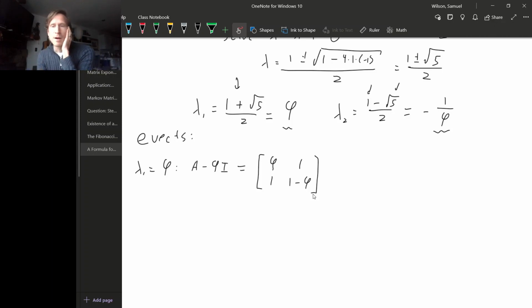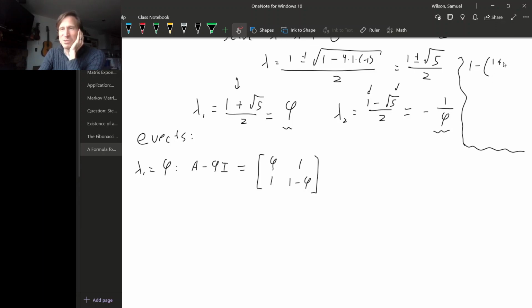Now, something that is funny about this number phi is that it has all these special relationships, and in particular, 1 minus phi is one of them. So remember, phi is 1 plus root 5 over 2.